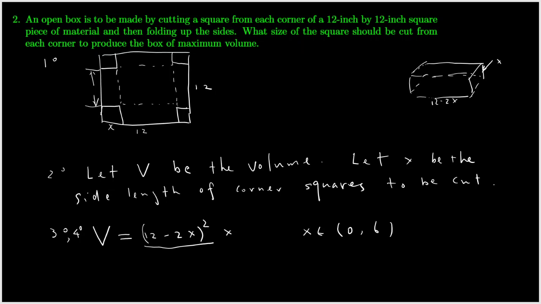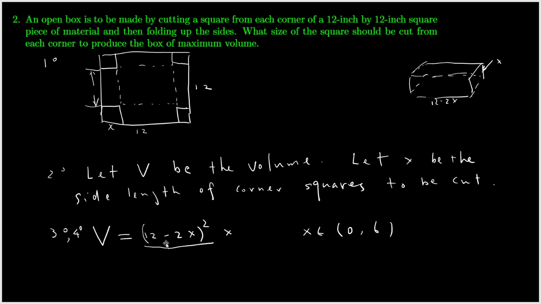In general, in step 3, you get as many relations as possible, so there could be more than one relation. And then you identify the quantity you want to optimize, and then you write that quantity, the quantity you want to maximize, as a function of only one variable. So later on, we're going to see a question like that.